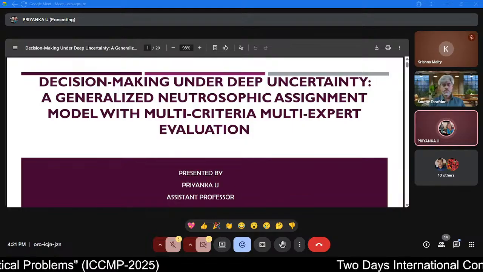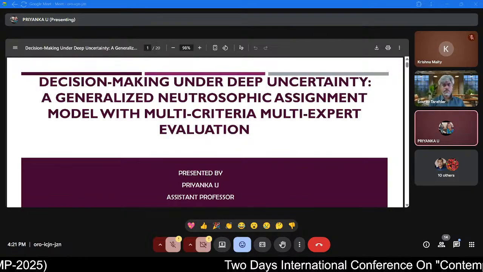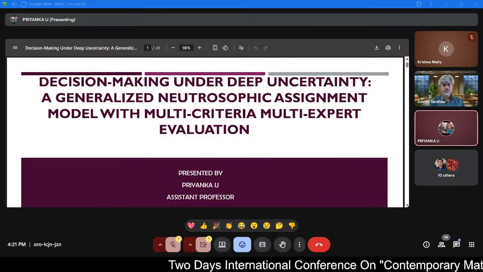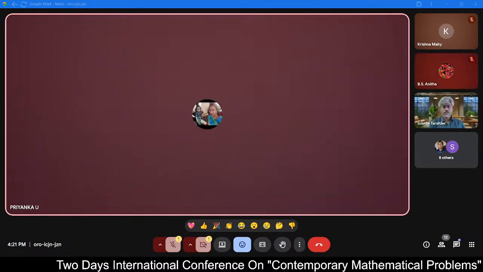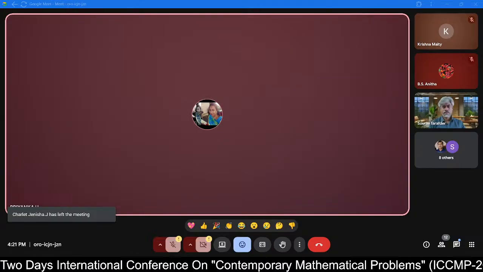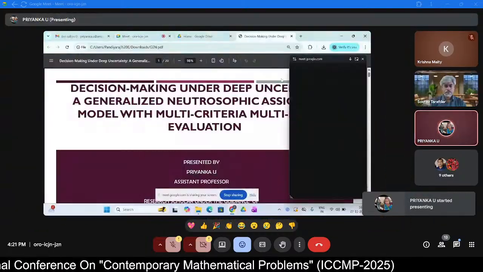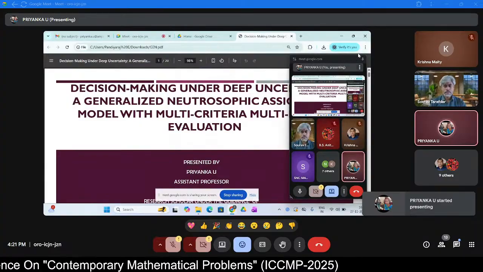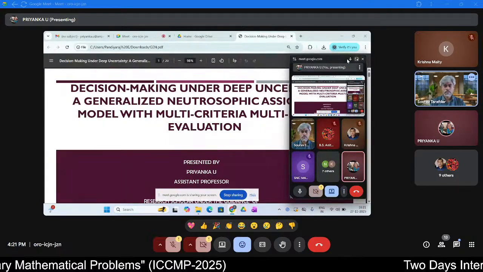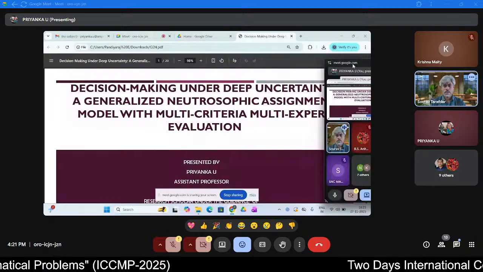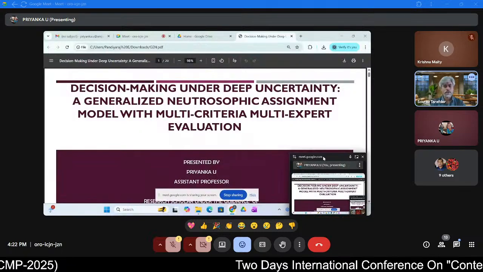Myself, Priyanka, assistant professor, research scholar, and one second, sir. It's not visible anymore. Now, sir? Yes, it's visible. Yeah, you may minimize it or close it. Yes, this bar. Okay, sir. You may close it as well if you want.